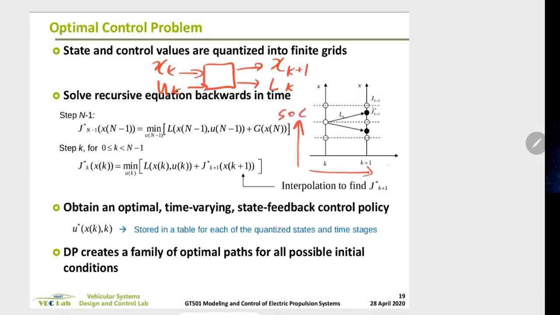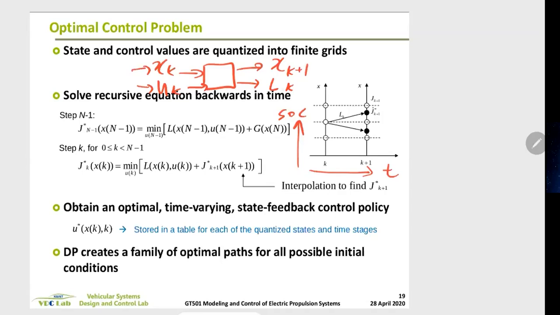This is SOC, and then this is time. And in this case, let's say we discretized X and U, right? So X was from 0.5 to 0.7. U was from, I don't know, 0 to 100 Newton meter of engine torque. And that'll give you xk plus 1 and Lk.